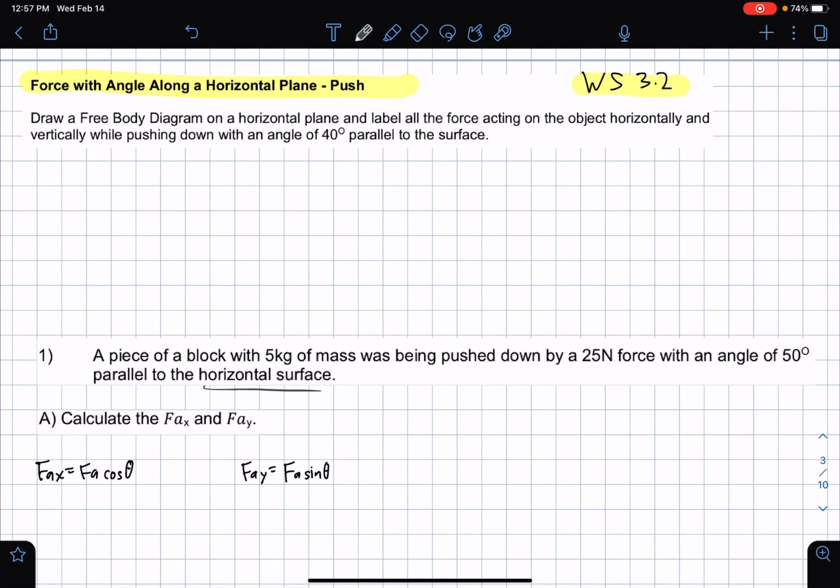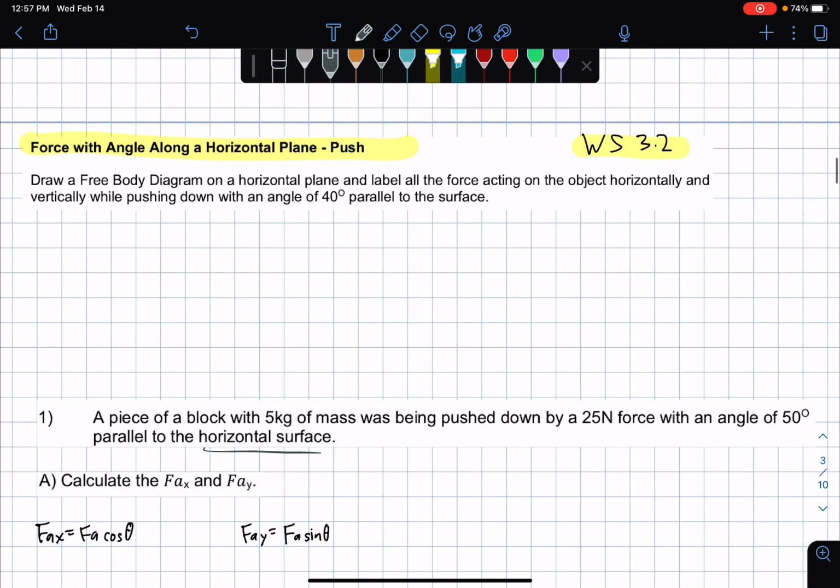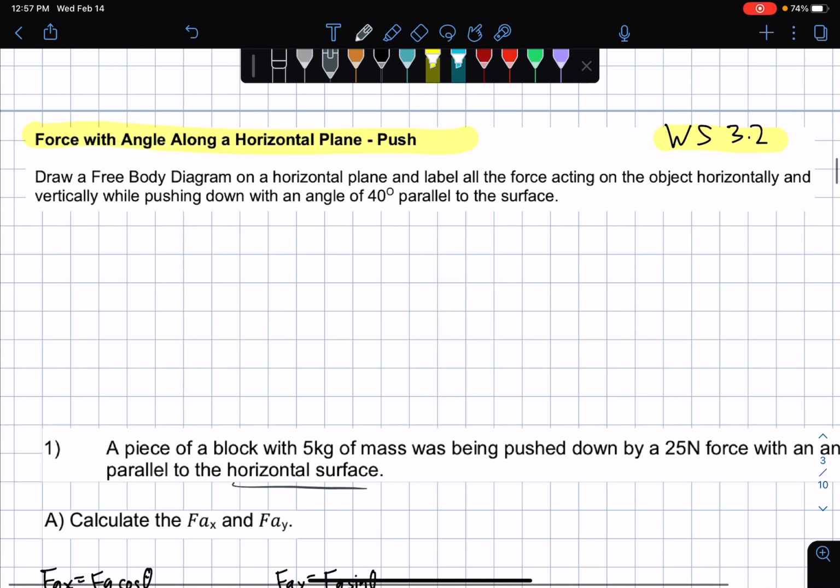Okay, let's start with our video on answering problems related to force with angle along a horizontal plane. This time we have push as our force, or FA, applied force. So draw a free body diagram on a horizontal plane.